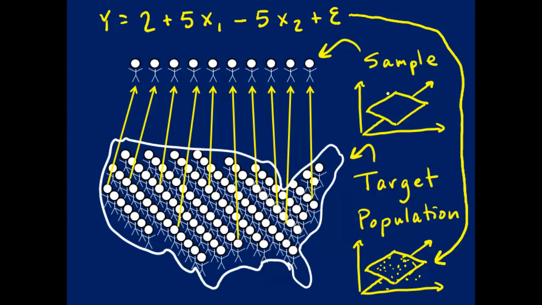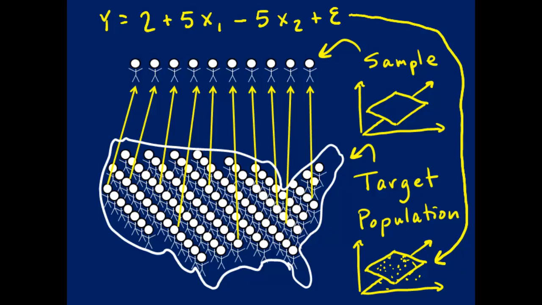I'm going to use least squares estimation to estimate the model in the sample. I'll estimate the structural part using least squares estimation, and we will see how the model that we have in the sample relates to the true structural portion of the data in the target population.